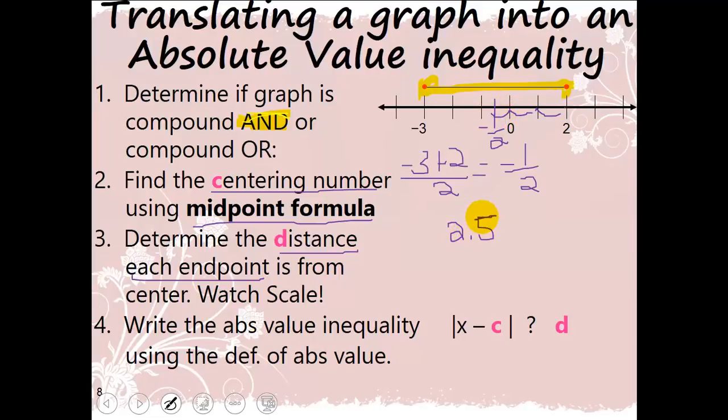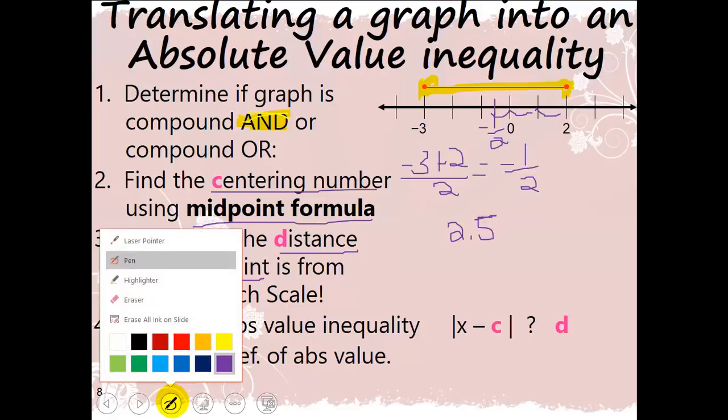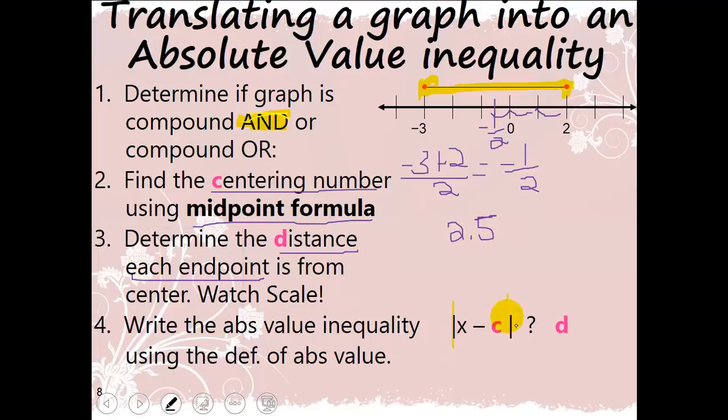Then all we do is create this expression. We have absolute value of x minus that centering number, and it has to have some relationship, either greater than or less than, and that's going to depend on your graph. In our case, it's an and, so our endpoints are included, so it has to be less than or equal to, and then our distance.